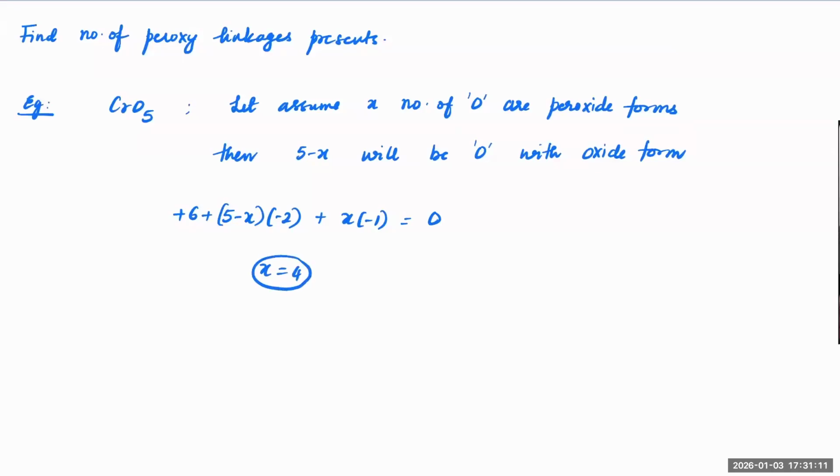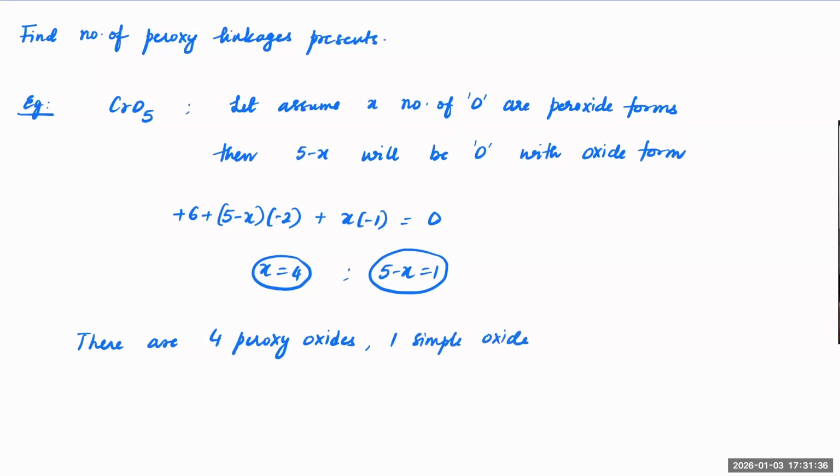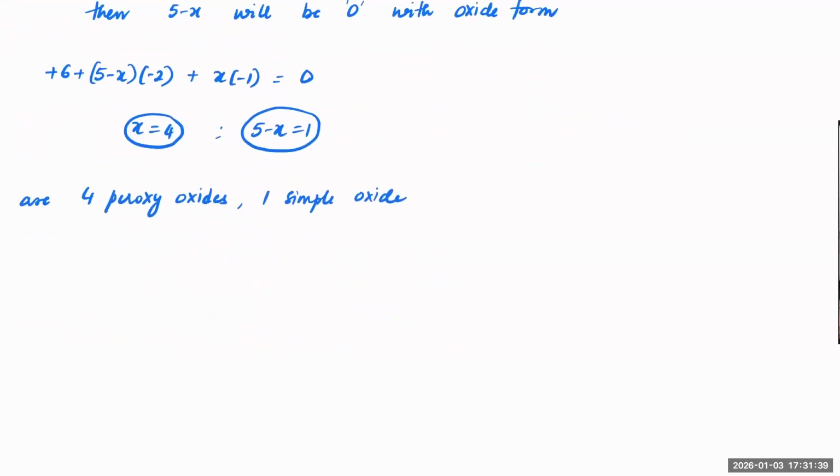So how many peroxy oxygens are there? 4. And 5 minus x, which is 1, which means there are 4 peroxide oxygens and 1 simple oxide. So how do I realize the structure in such cases? Chromium with one simple oxide will always make a double bond.